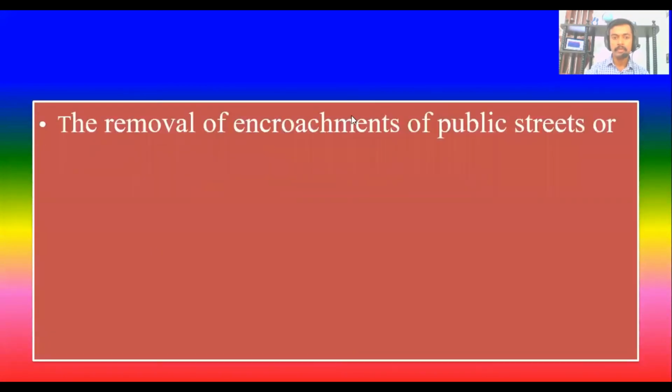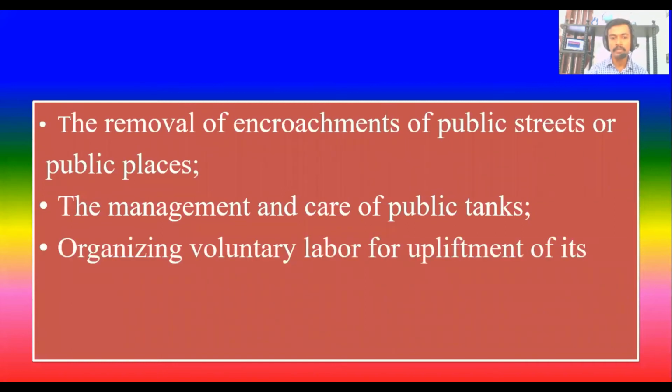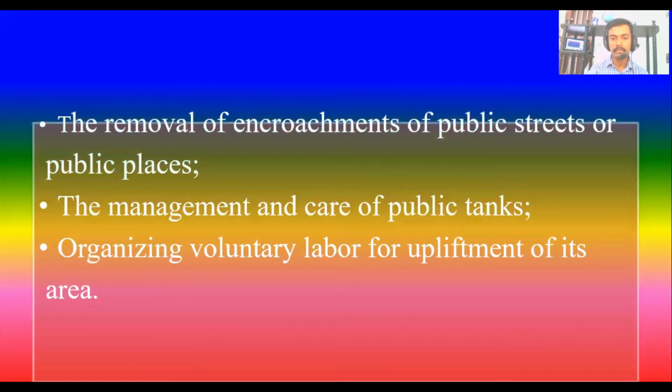Then removal of encroachment on public streets. For example, where some public nuisances are there, remove that, and clear public places and public transportation. Then management and care of public tanks, and organize voluntary labor for upliftment of the area.